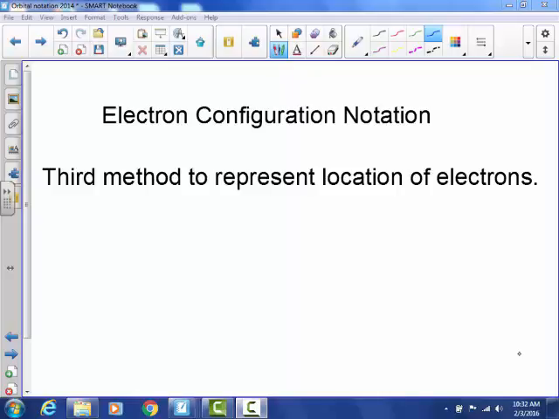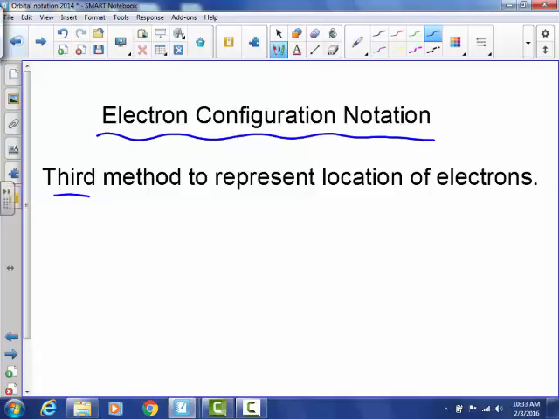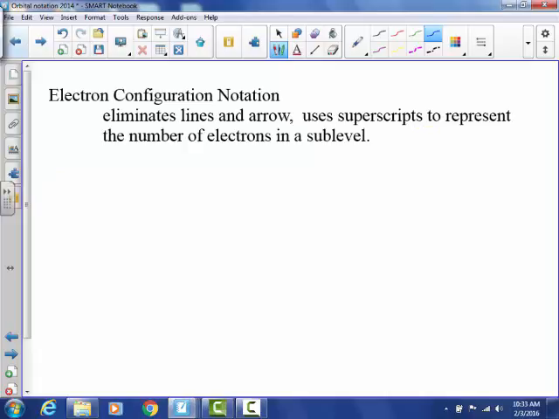Okay, so today we are going to look at the next type of method to represent electrons. This is called electron configuration notation, and it is essentially a third method to represent the location of electrons in an atom. So this is the definition. Okay, so electron configuration notation.